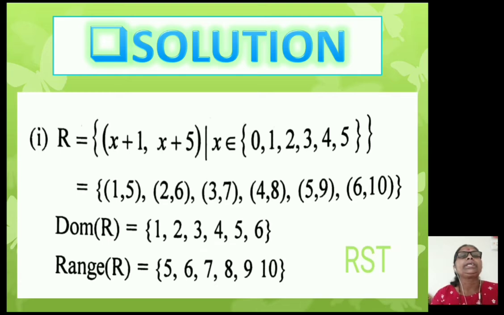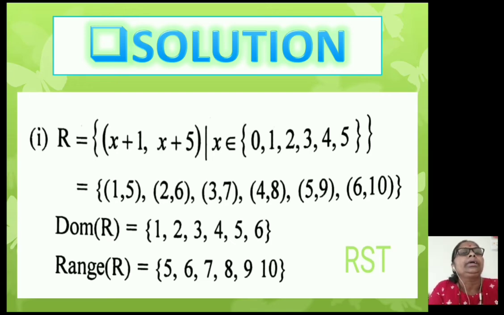Now consider the solution of the first relation. R is equal to the set of all ordered pairs (x + 1, x + 5) such that x belongs to {0, 1, 2, 3, 4, 5}. The first component is x + 1, that means 0 + 1 is 1, and the second component is x + 5, 0 + 5 is 5, so the first ordered pair is (1, 5). For the next element after 0, that is 1, x + 1 is 1 + 1 which is 2, and x + 5 is 1 + 5 which is 6, so the second ordered pair is (2, 6).